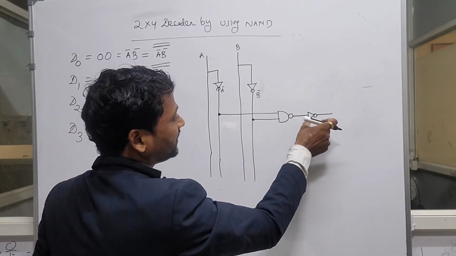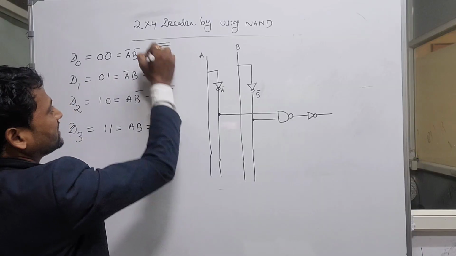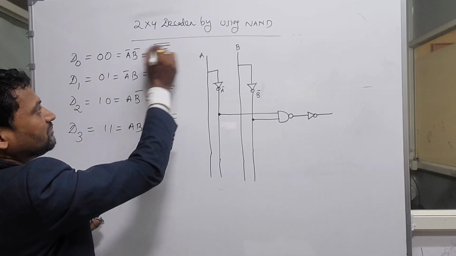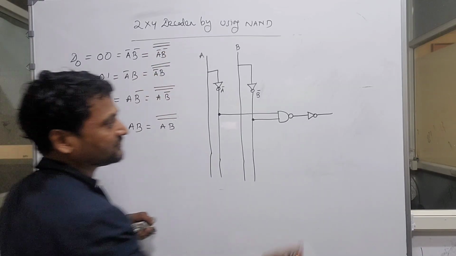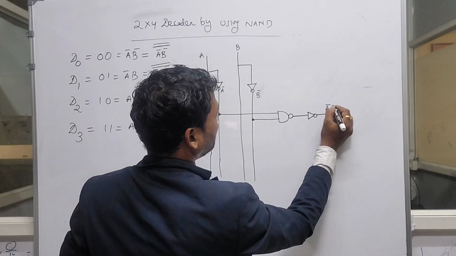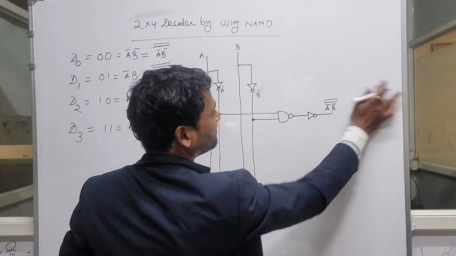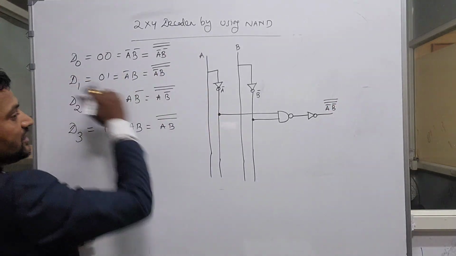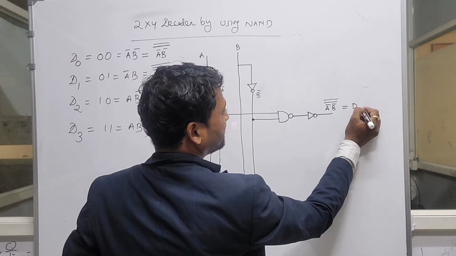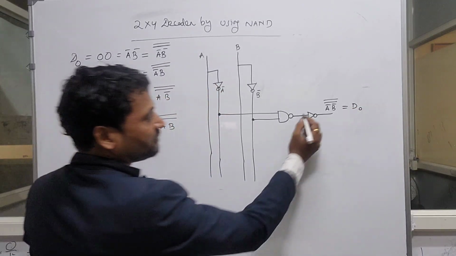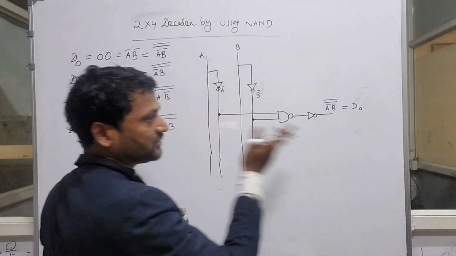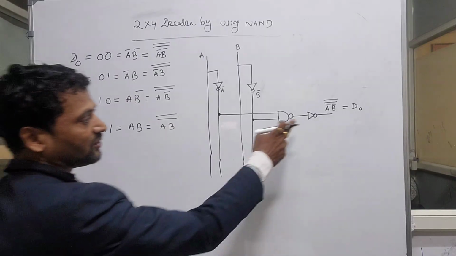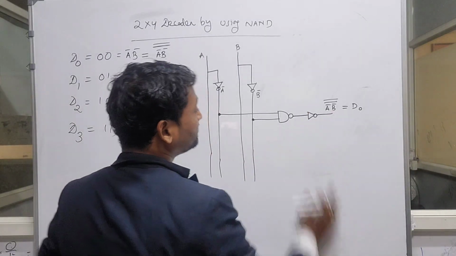If another NOT gate is there, then your answer will be the bar of A bar B bar, again another bar. This is your D0. I also told you that for a NOT gate, if both the inputs are shorted, that will act as a NOT gate, AND gate, NAND gate also.